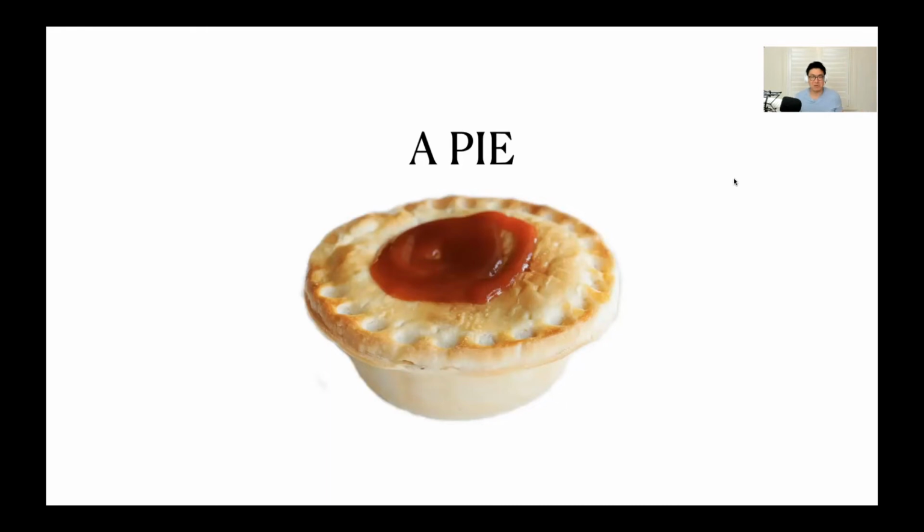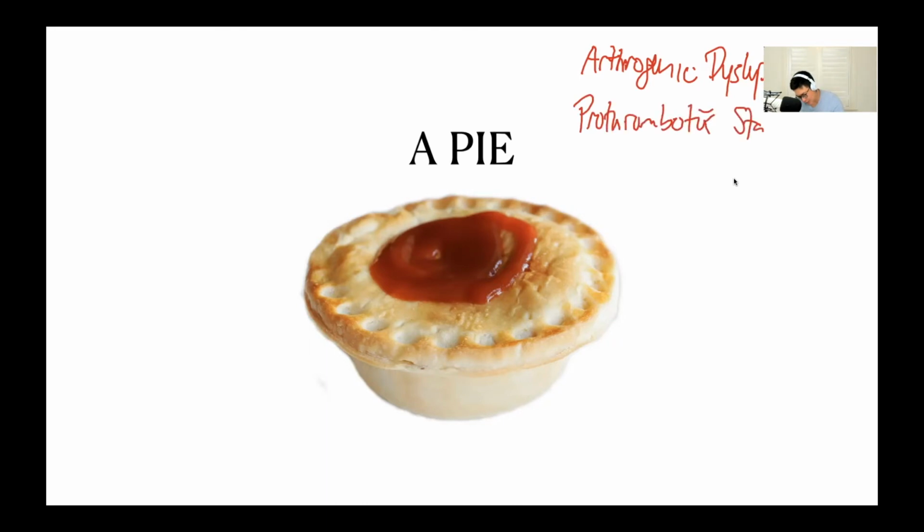You're more than welcome to add that in. It's called PIE. Essentially, A is atherogenic dyslipidemia. P is your prothrombotic state. I is your inflammatory state. And E is endothelial dysfunction.